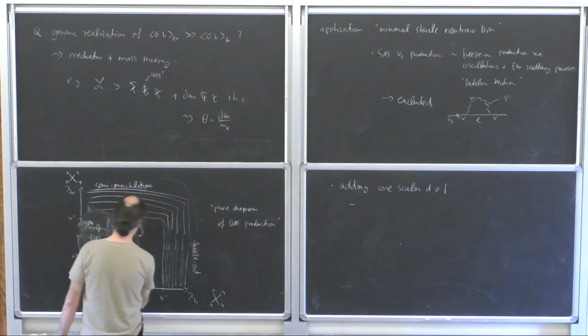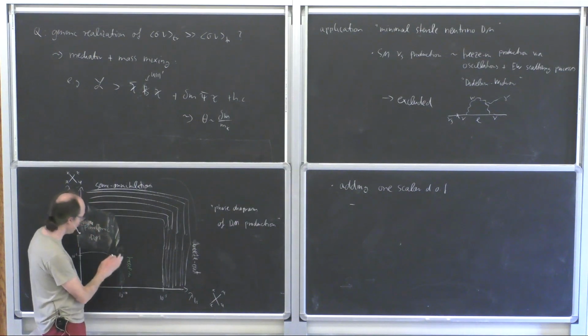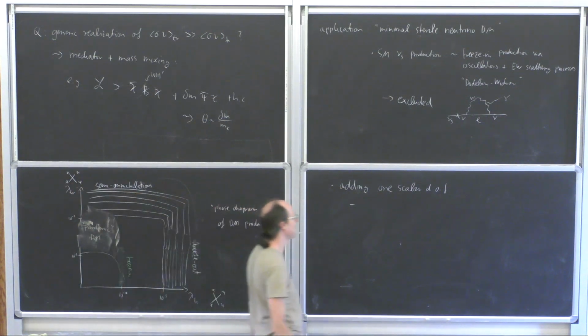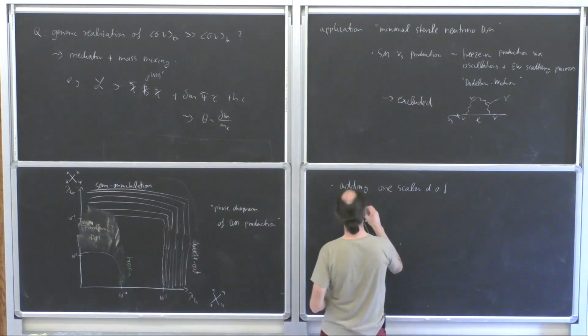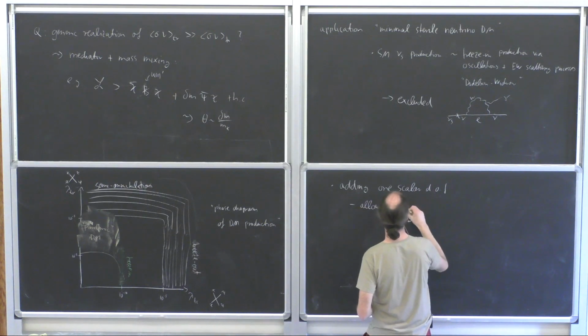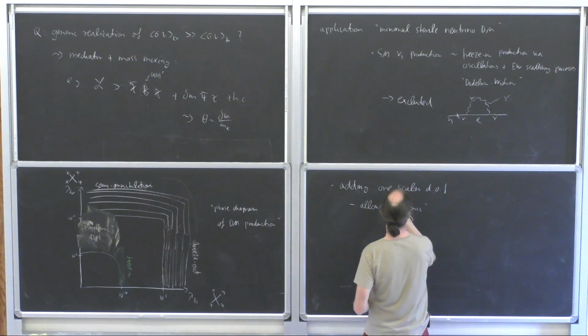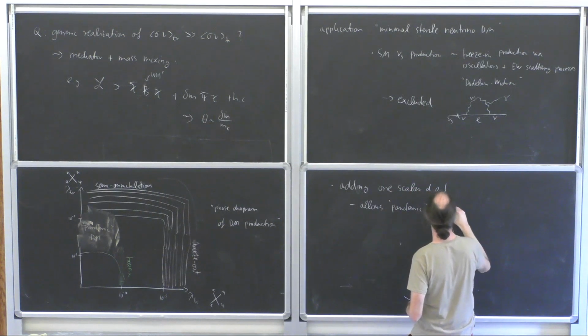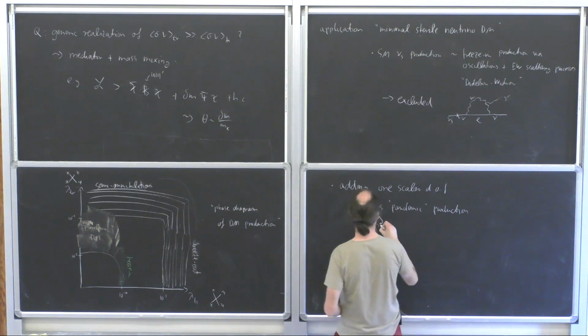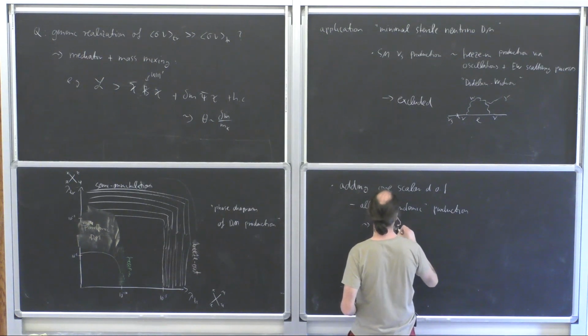That means that we are not only restricted to this range here, but can explore all of this range in parameter space. So in particular, we'll allow this pandemic production. And that gives new viable parameter space.